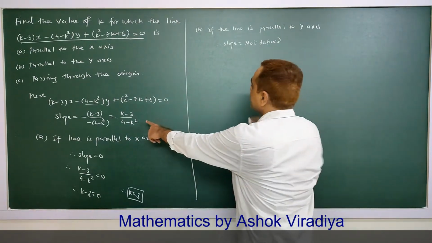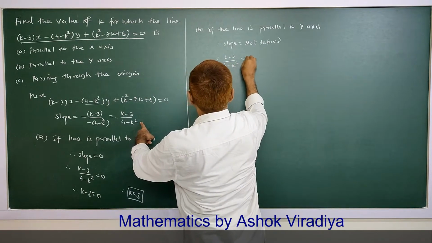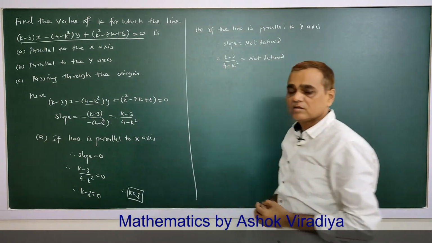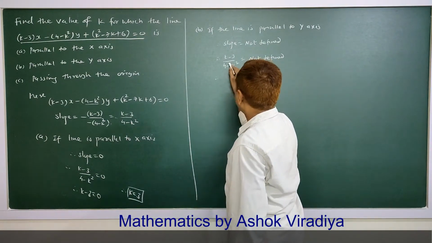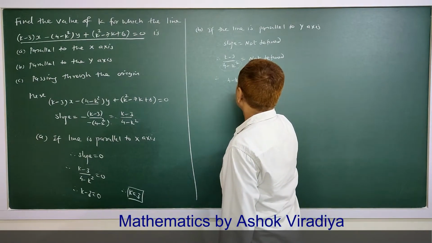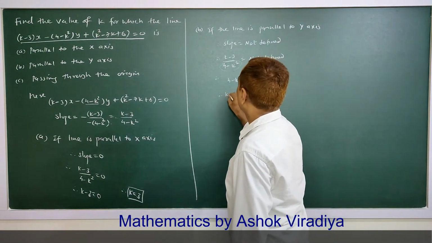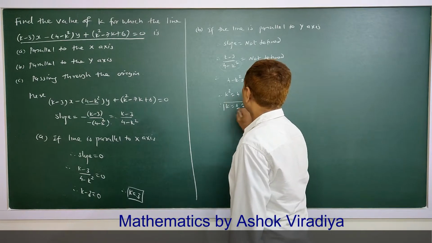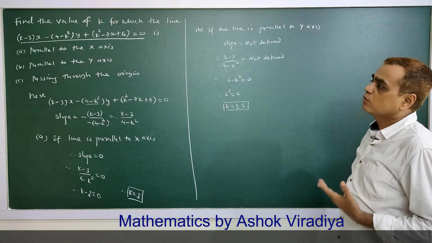Slope is not defined, that means this value is not defined. Any ratio is not defined if the denominator is 0. So 4 minus k square is 0. So that means k square is 4. So k is plus or minus 2. So when k is plus or minus 2, then the line is parallel to the y-axis.